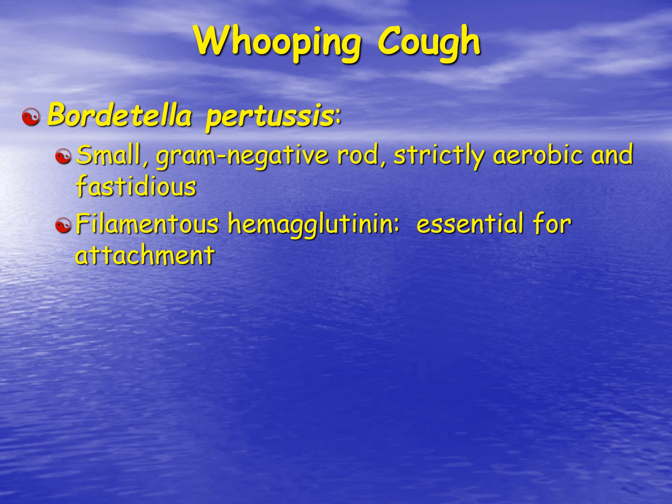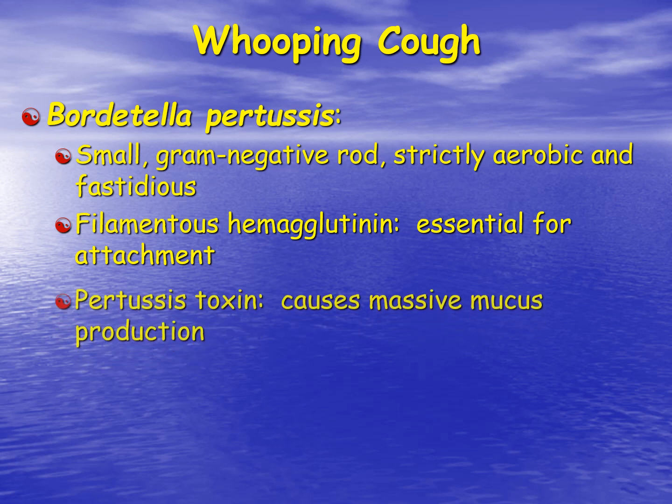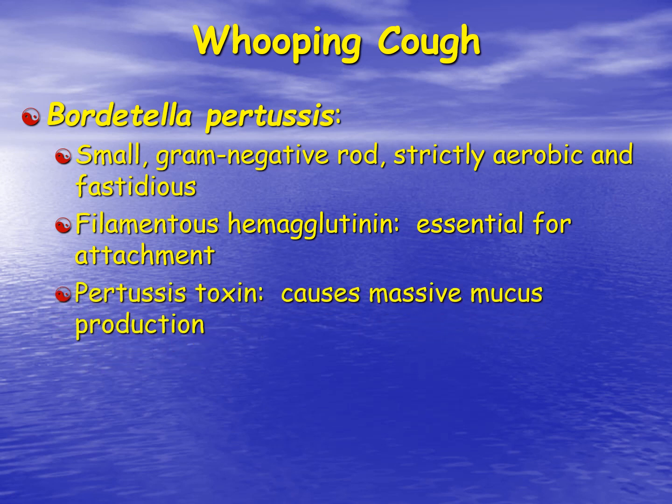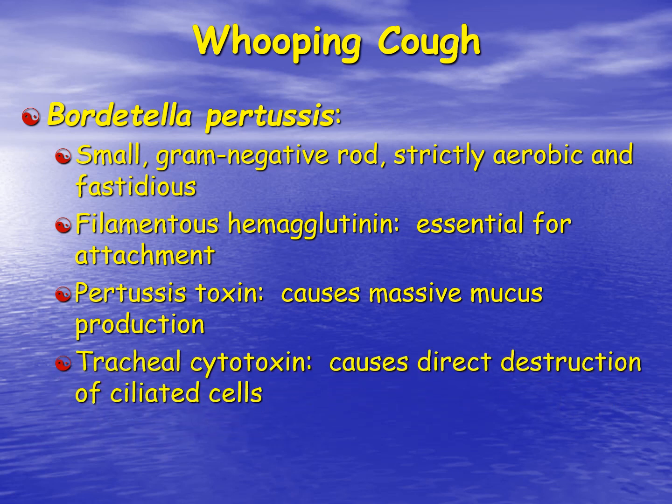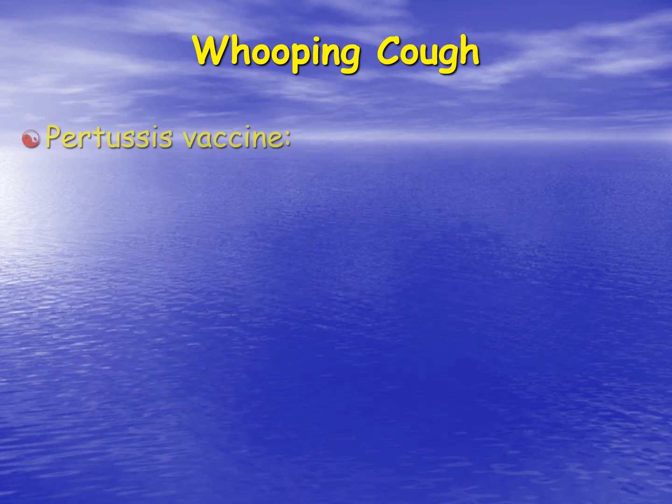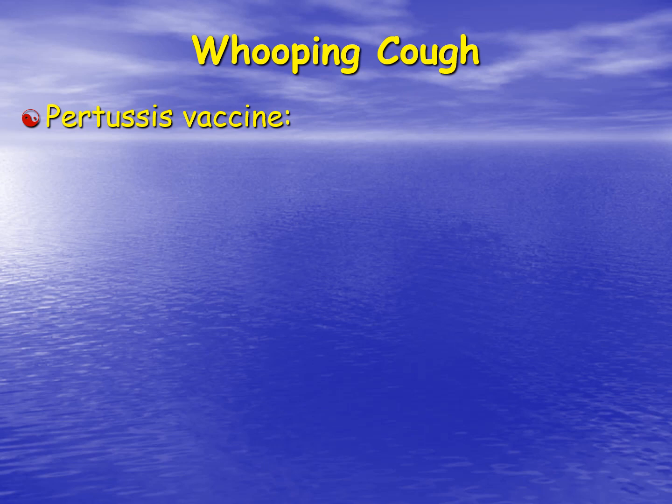It produces a filamentous hemagglutinin, which is essential for attachment of the Bordetella to the epithelial surfaces, where it then produces a pertussis toxin that causes massive mucus production, and a tracheal cytotoxin that causes direct destruction of the ciliated epithelial cells. So we accumulate all of this mucus in the tracheobronchial tree and in the pharynx, and that results then in the severe coughing.